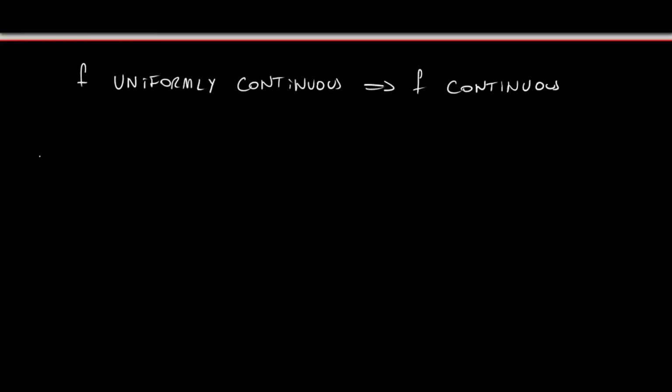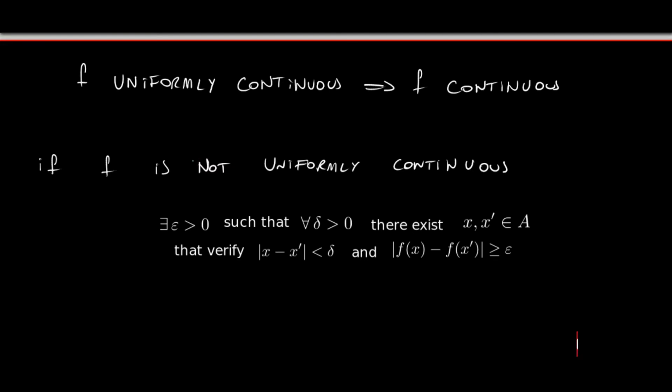To see this, let's first think of the negation of uniformly continuous. If a function is not uniformly continuous, then we have to negate that first definition given in the video.